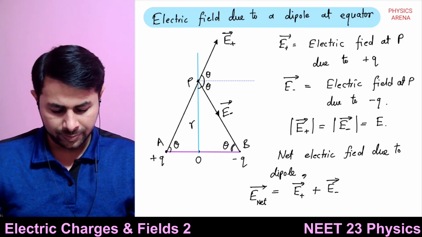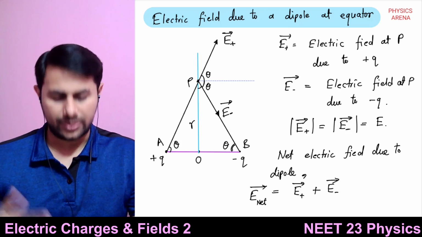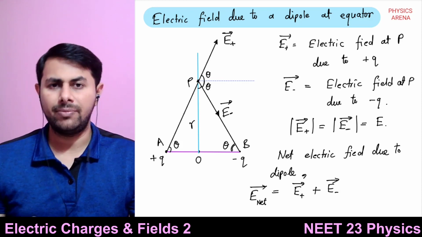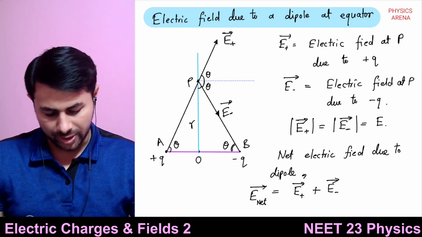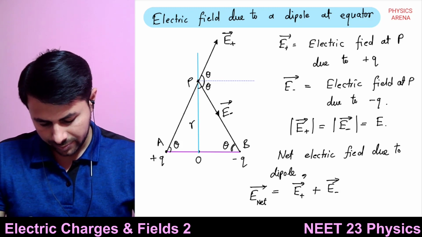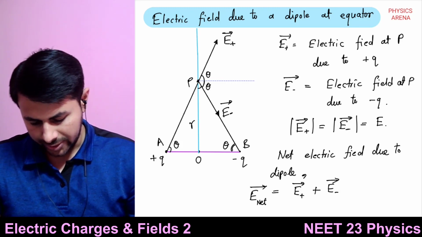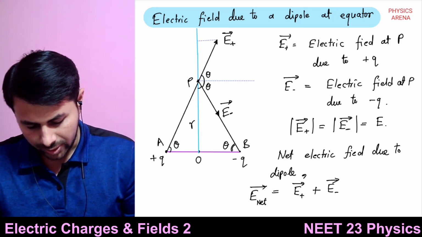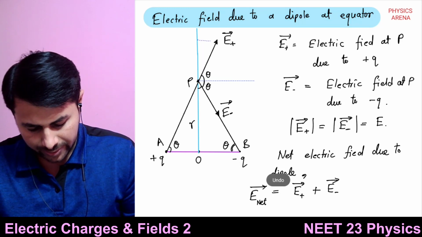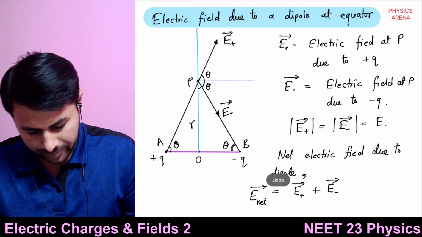Then we can resolve E plus bar and E minus bar along two perpendicular components. So let us do that.